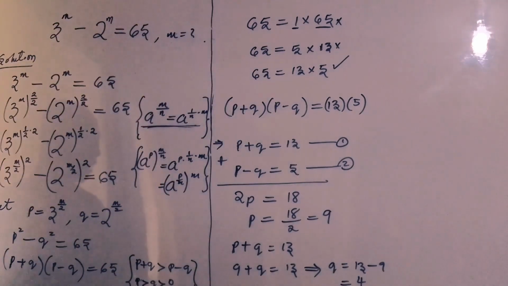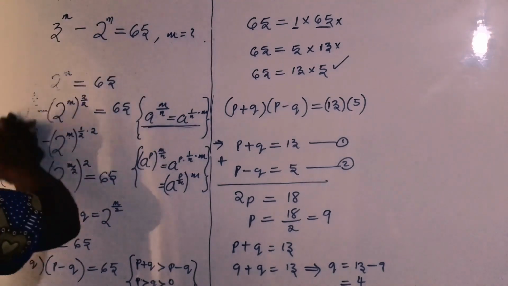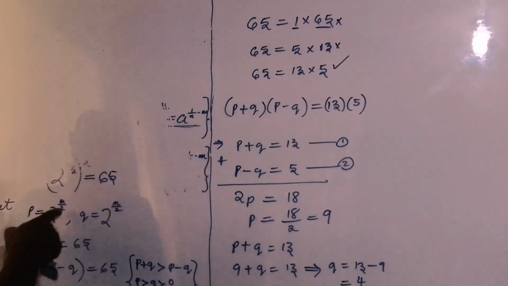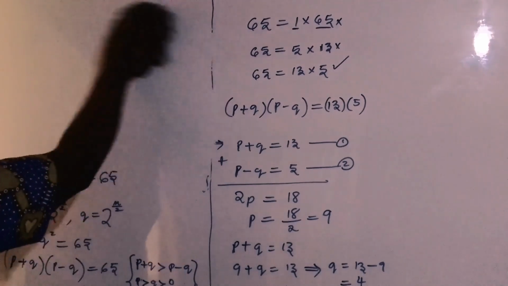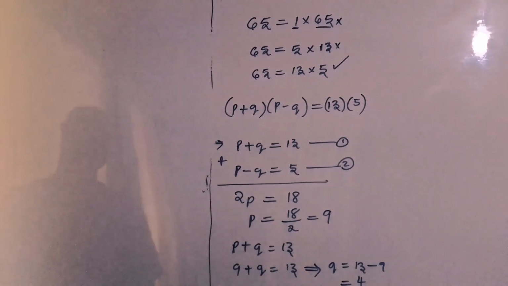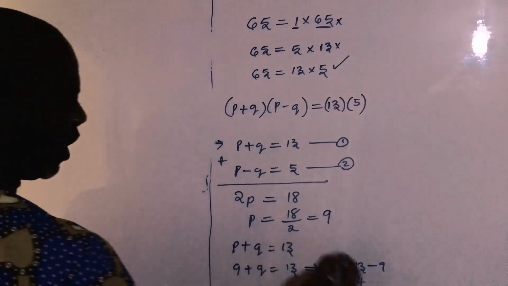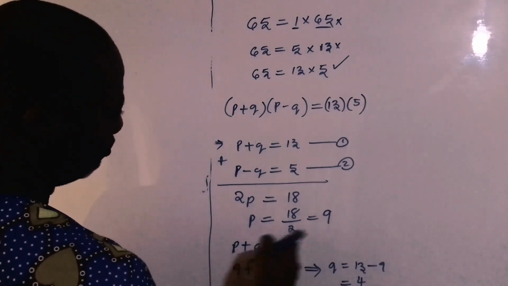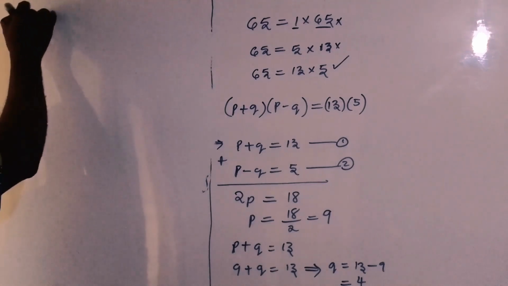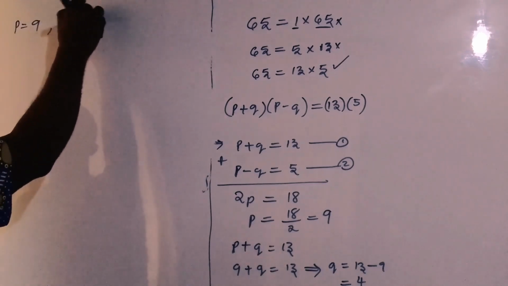So let's go back and proceed with the problem, by finding the actual values of m. Okay, so we have P is 9, Q is 4.